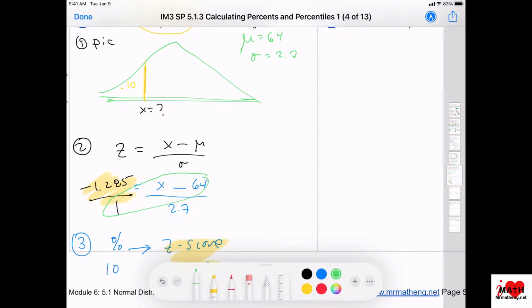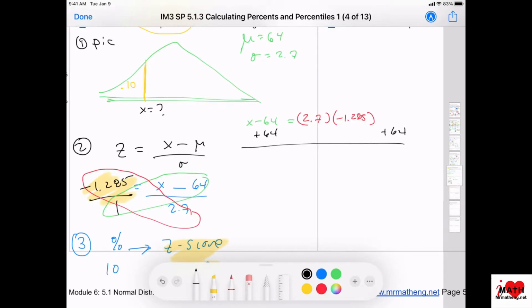So 1 times anything, and then over here, I'm going to multiply these two. Okay, I don't need that 1 there, and I don't need the parentheses, so it's just x minus 64, and I can just add 64 to all this, okay? So I have, let me take a picture of that, and then I'll put it in my calculator with you.